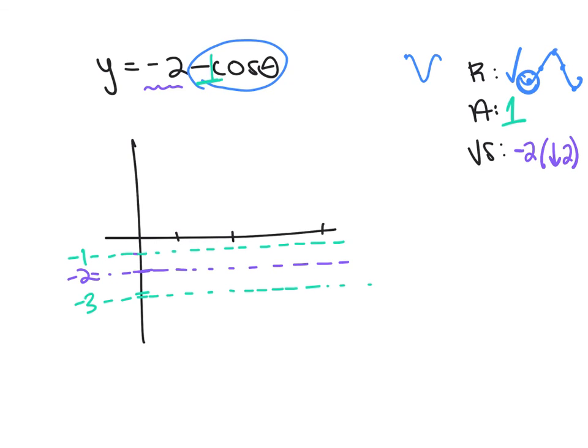Now we just put our x-axis markers in there. 90, 180, 270, 360. We're graphing a negative cosine, so negative cosine starts at the bottom, so at 0 will be at -3. Then it goes up 1 to the middle, up another to the top, back to the middle, back to the bottom. Connect your dots, and you have your graph.